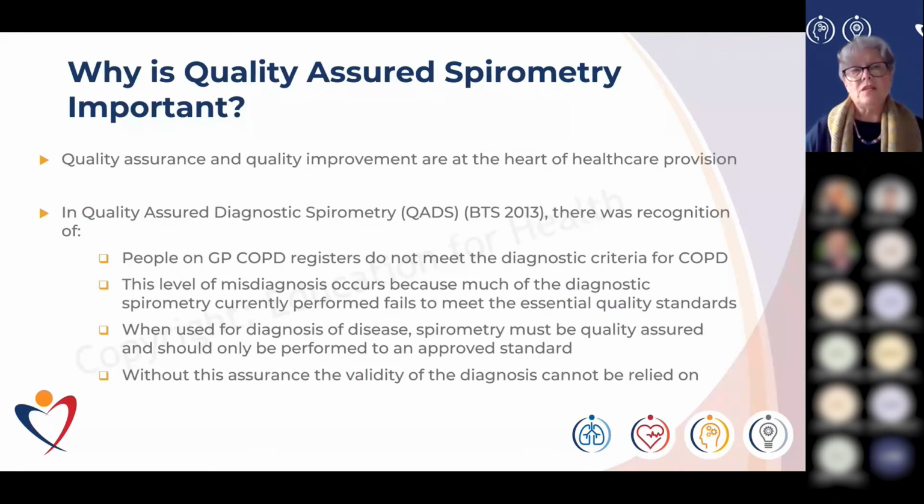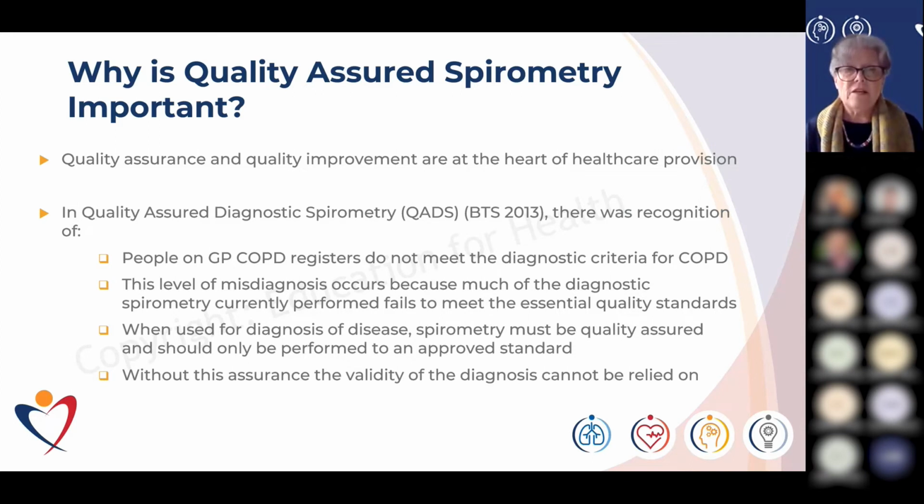So why is quality assured spirometry important then? It's very important because it's at the heart of healthcare provision. The quality assured diagnostic spirometry document, often referred to as the QADS document, was published in 2013 and still has some valuable information in there. There was a recognition that people on the GP COPD registers do not meet the diagnostic criteria for COPD.